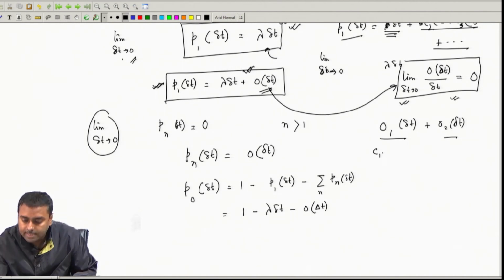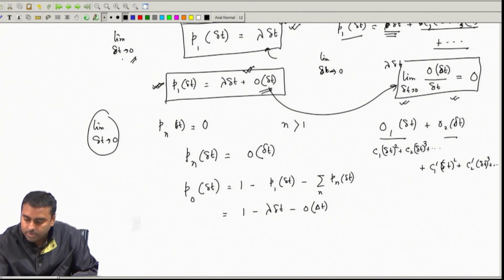So, if I write this as C1 delta t square plus C2 delta t cube and so on, and this as C1 dash, a new coefficient, delta t square plus C2 dash delta t cube and so on, I can always write this sum as C1 plus C1 dash, a new constant, delta t square, plus again C2 plus C2 dash, a new constant, delta t cube, which is nothing but another O delta t.